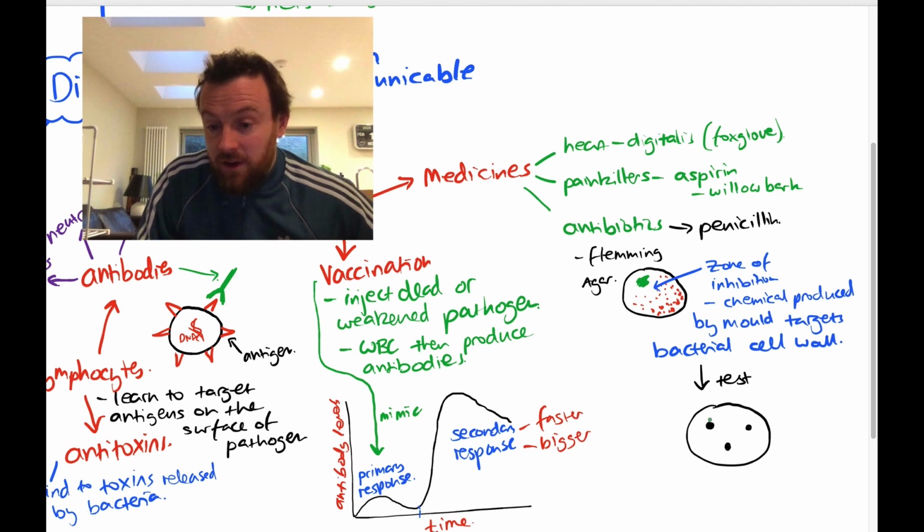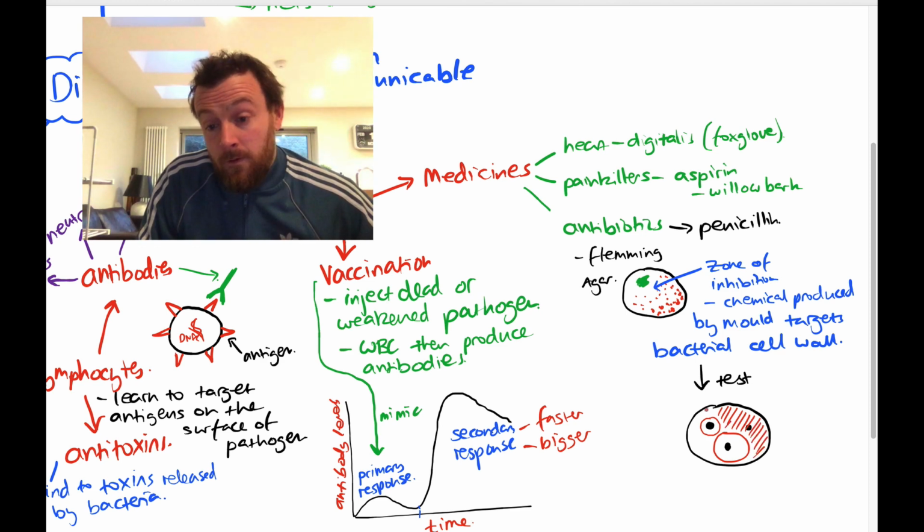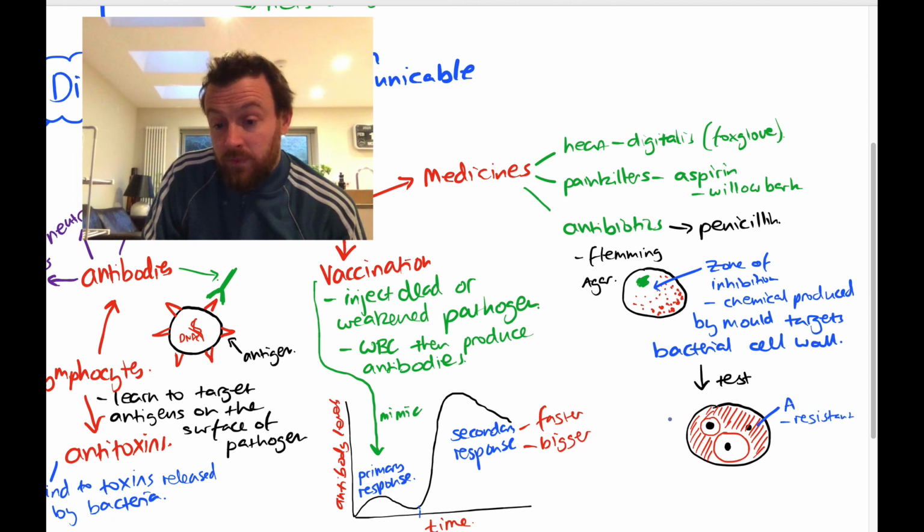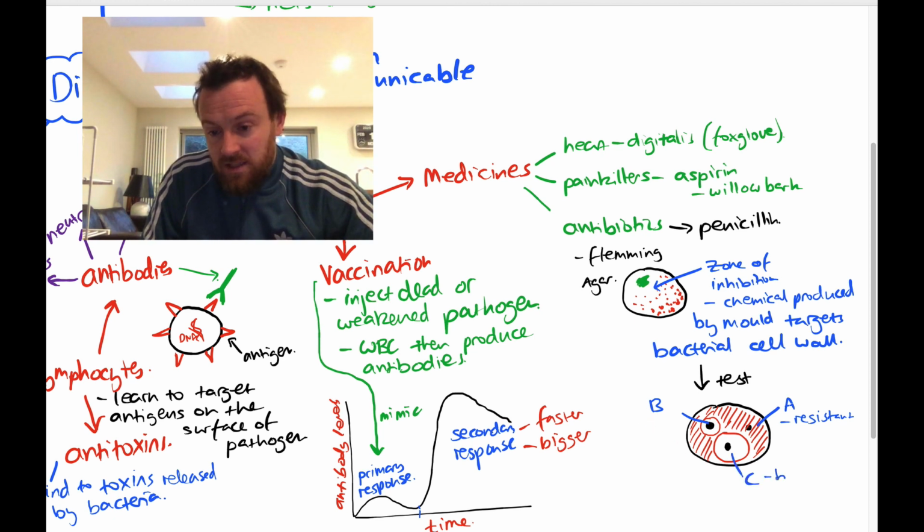And then the bacteria, let's make the bacteria in red, grow around. So maybe if that was the result, you would say that antibiotic A is resistant, antibiotic B sort of okay, and C best antibiotic.